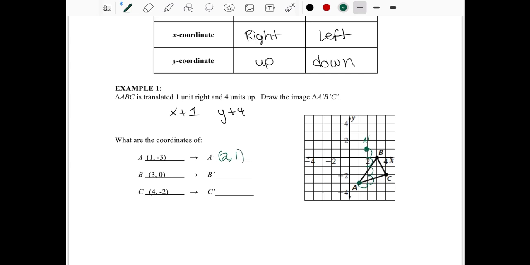Then let's look at B. B is here. It says we go to the right 1 time and then 4 units up, and we put our dot. That's going to be B prime. Remember, translation moves all points the same distance in the same direction. So let's get that ordered pair, which is going to be 4, 4.